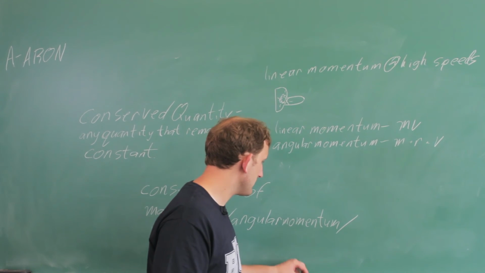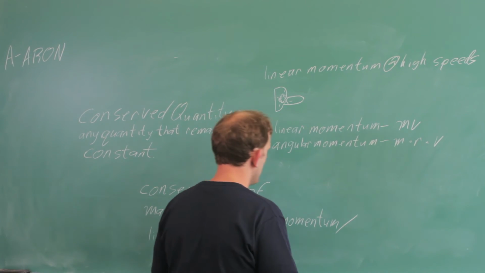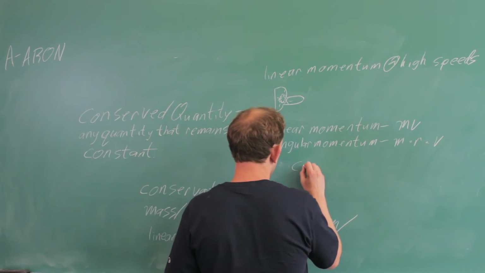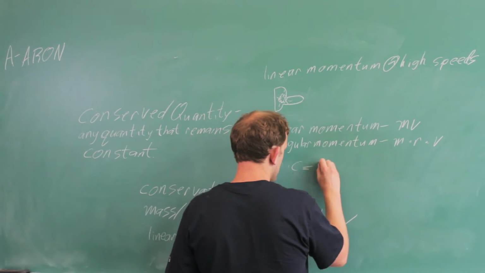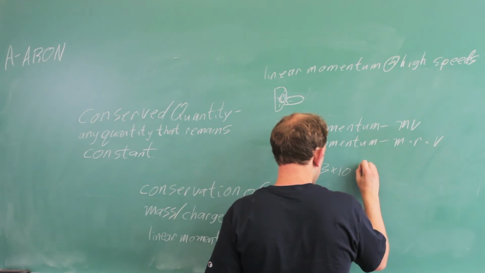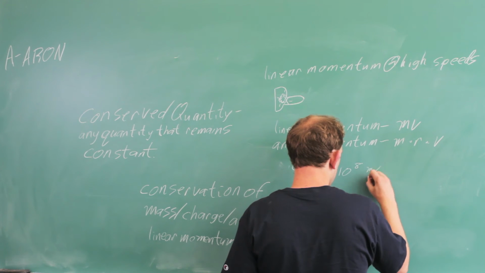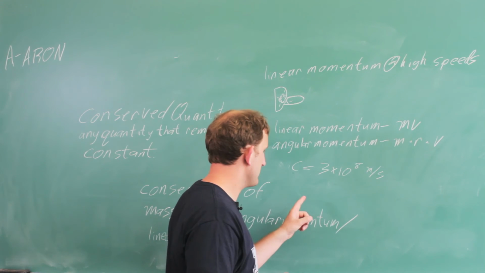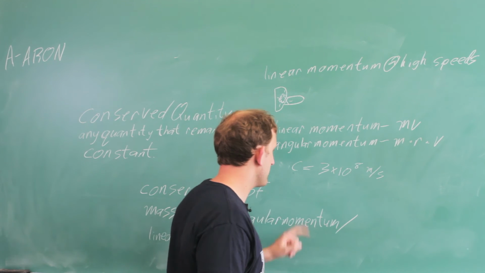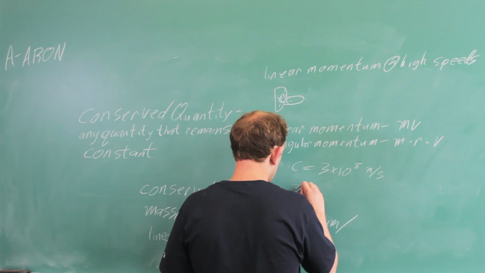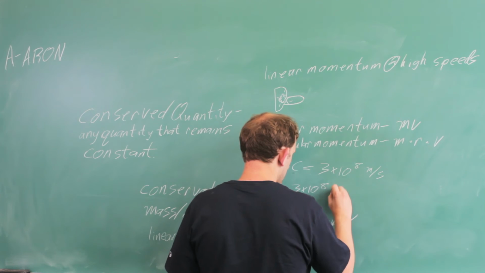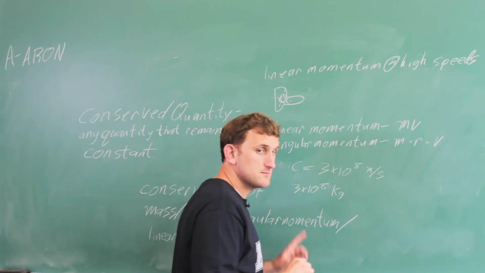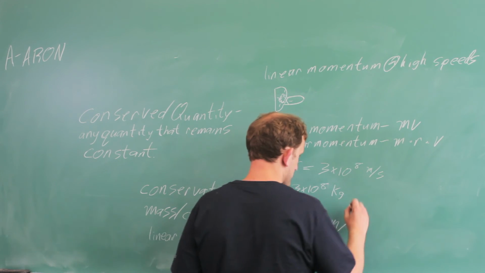So let's go with our regular numbers. The speed of light, c, is equal to 3 times 10 to the 8th meters per second. Let's imagine that we've got something that weighs 3 times 10 to the 8th kilograms and it's moving at 1 meter per second.